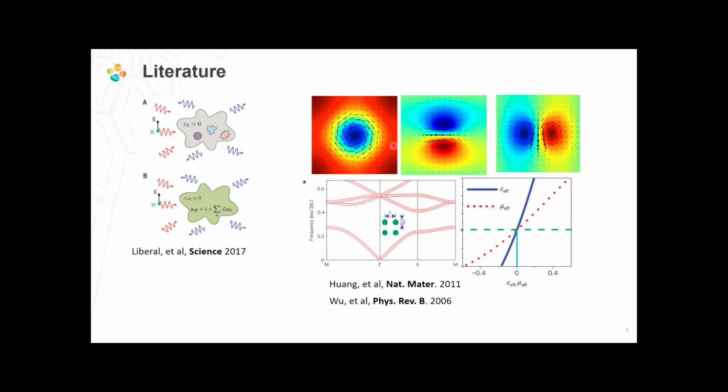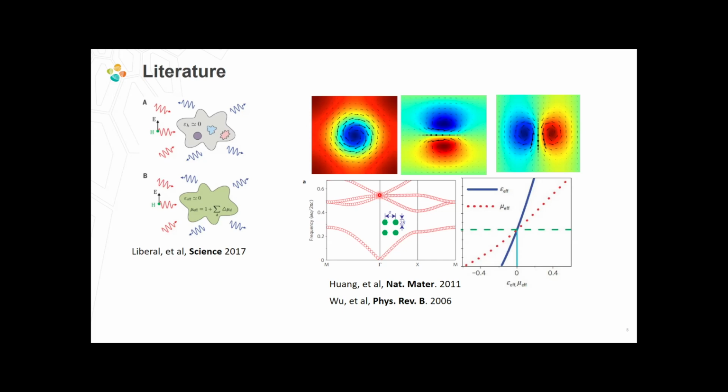And also, there's another way where we use simple periodic structures. Here, you can see it's a square array of dielectric cylinders in air, just a very simple photonic crystal. People find that if you can make the so-called monopole mode and dipolar mode degenerate, as you can see in this dispersion relation, at one frequency we have three modes degenerate.